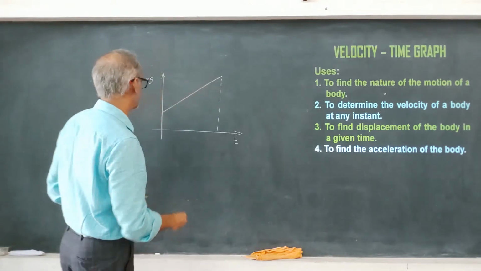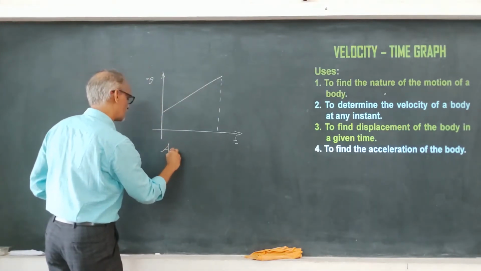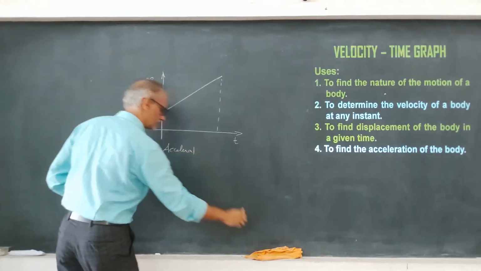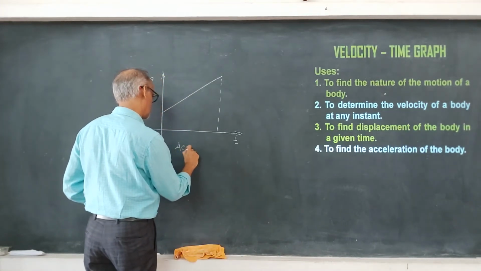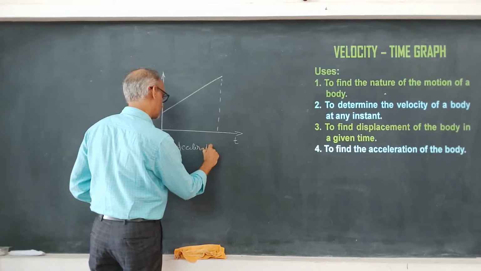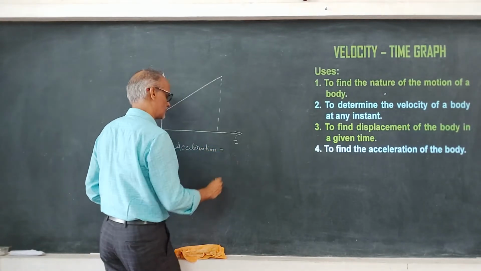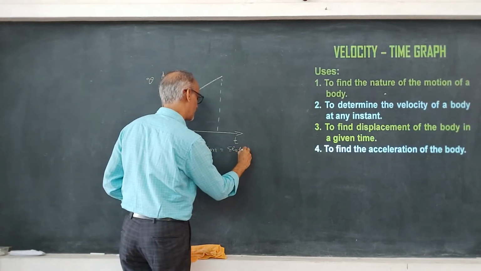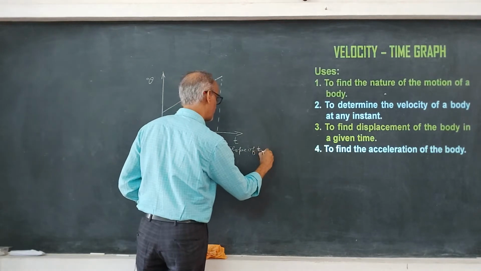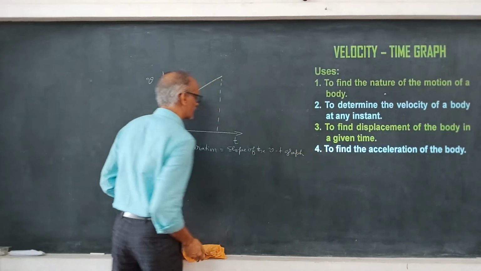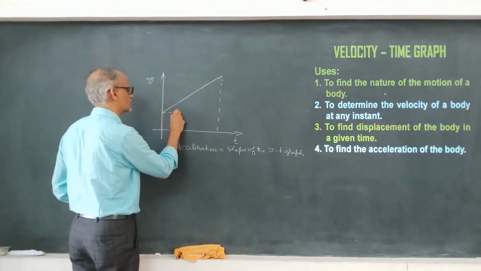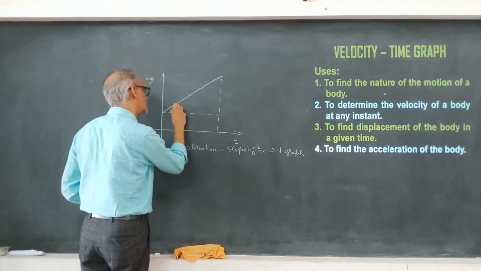Acceleration can be found by finding the slope of the VT graph. Slope. So the slope is this. So this is the slope.